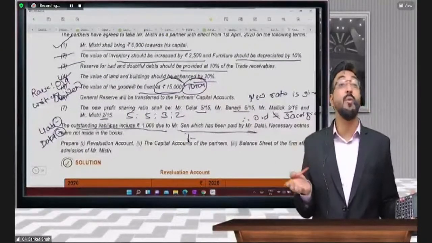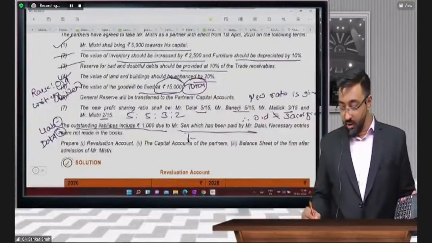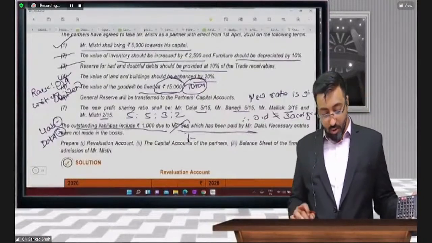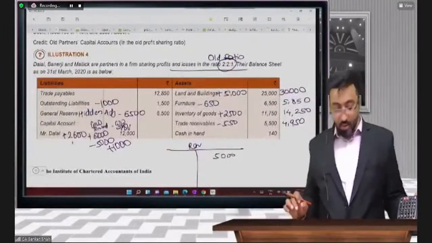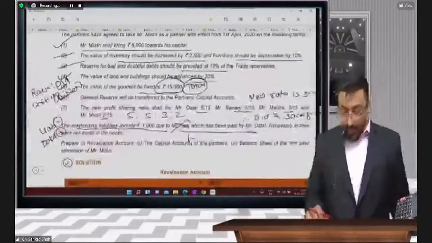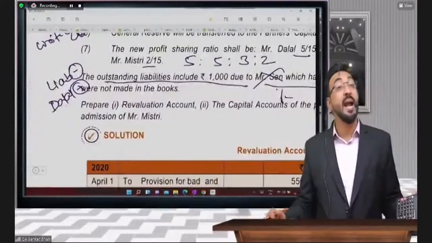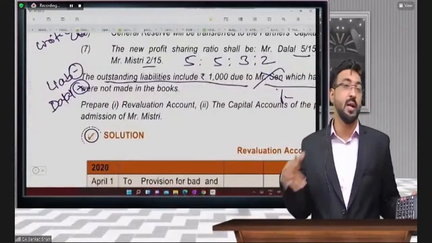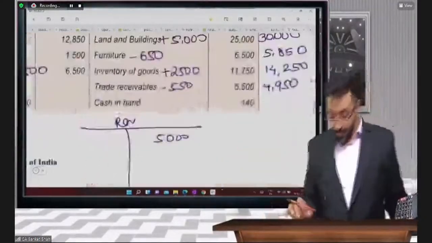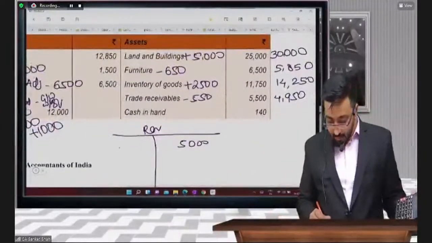So Dalal is now our creditor and Mr. Sen is of no use. The entry is outstanding liability decrease and Dalal's capital credit.